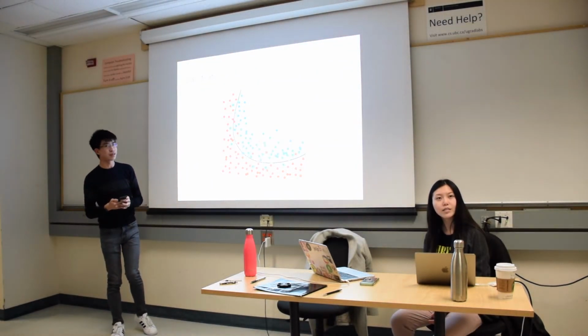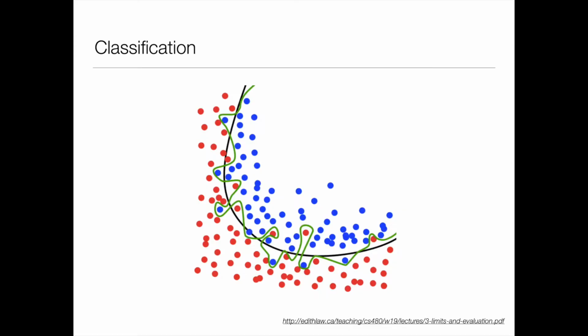Another example of a thing that machine learning can do is classification, right? So say you have two classes of objects, you have red things and blue things, and then you want to split them into two classes. So we could train a simple model that decides, oh, anything on the upper half of this curve here should go into the blue class, and everything on the other side should be red, right?